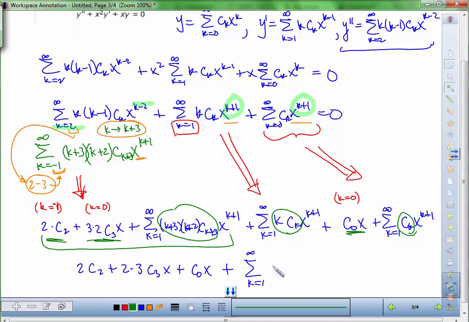So let's see if we can combine them. I have (k plus 3) times (k plus 2) c_(k plus 3) plus k ck plus another ck. I suppose we could have combined those two. But they're all coefficients of x to the k plus 1.